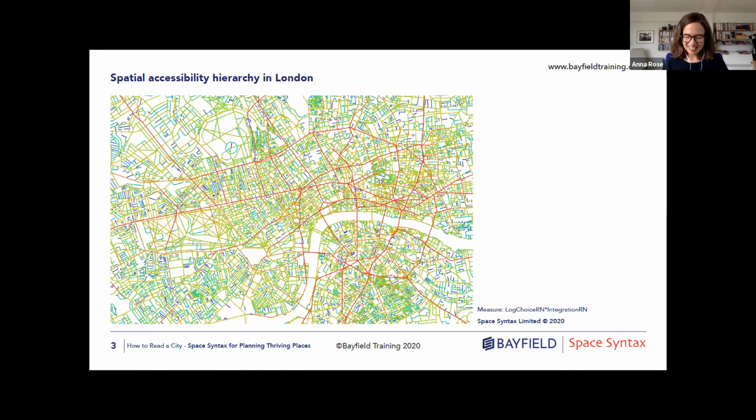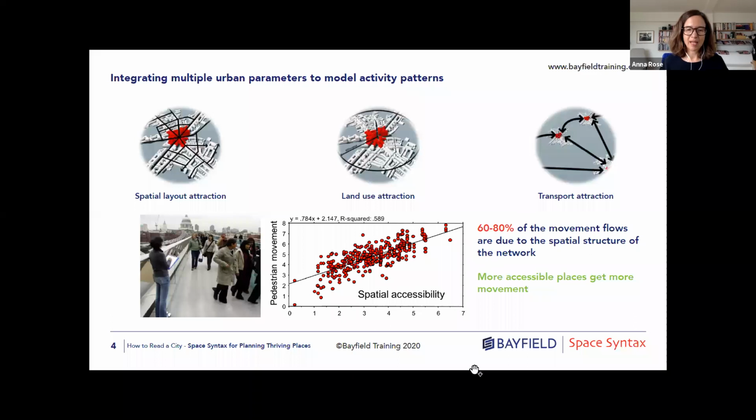But having said that, at Space Syntax, we are now moving towards integrating this spatial data with a lot of other data sets. And that's part of the development of our methodology, because what you see here is how we tend to integrate when we develop a pedestrian movement forecast model. We tend to integrate the spatial layout, spatial accessibility values, which we know correlate really well against collected empirical data of pedestrian movement.